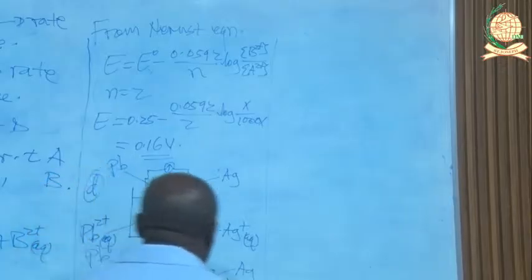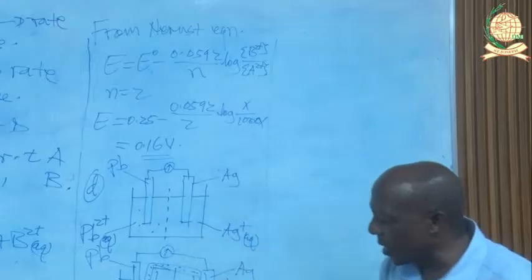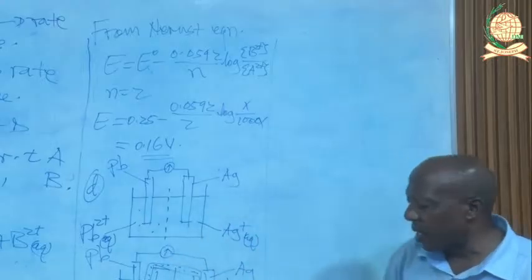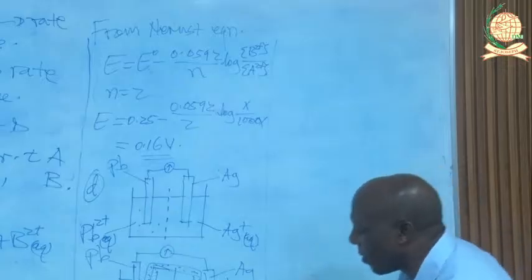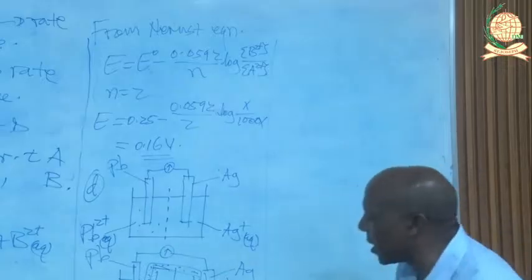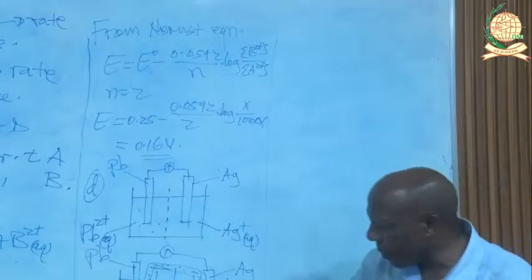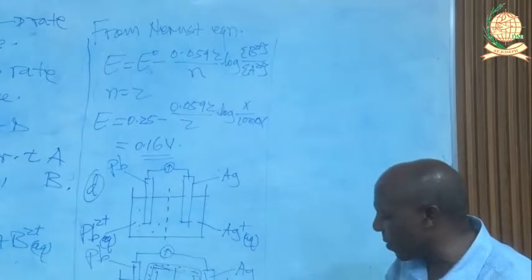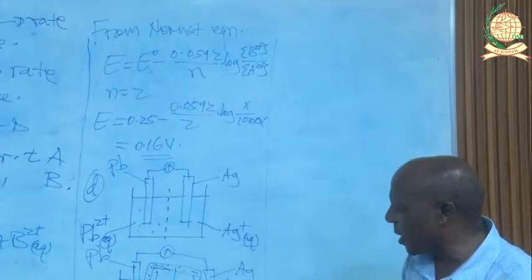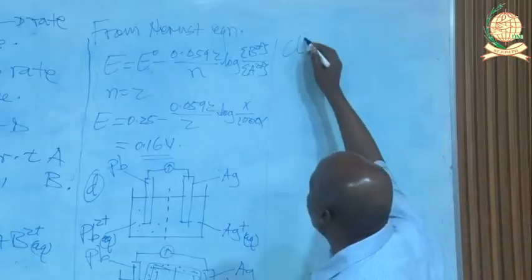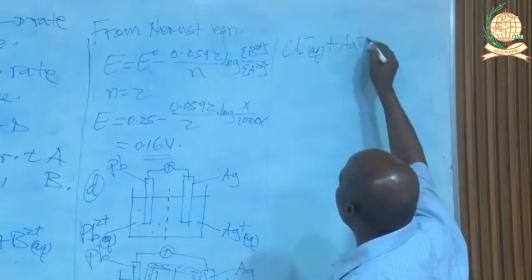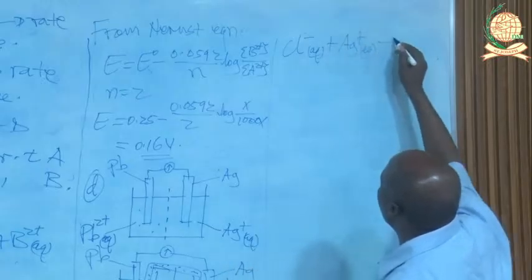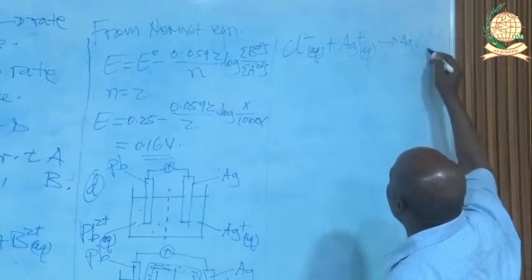Now the question is why this is a mistake, using potassium chloride. Now this potassium chloride is the source of chloride ions. Now once these chloride ions move to the silver half cell, they will react: chloride aqueous plus silver ions aqueous will form silver chloride precipitate.